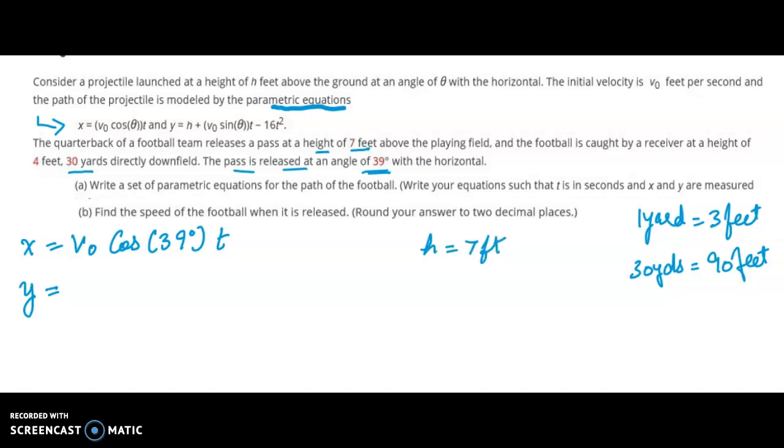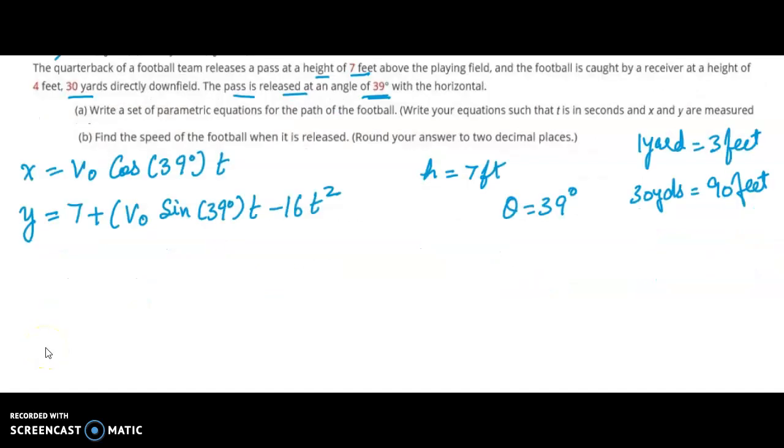So instead of h, I will put 7 right there, plus, and then theta is 39 degrees. For your understanding, you can put theta as 39 degrees, and then I will keep on writing the equation as it is. So now we have created our equation based on the angle and the height. Now let's try to simplify it.